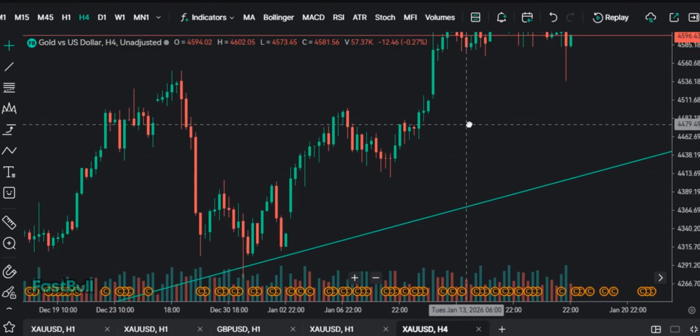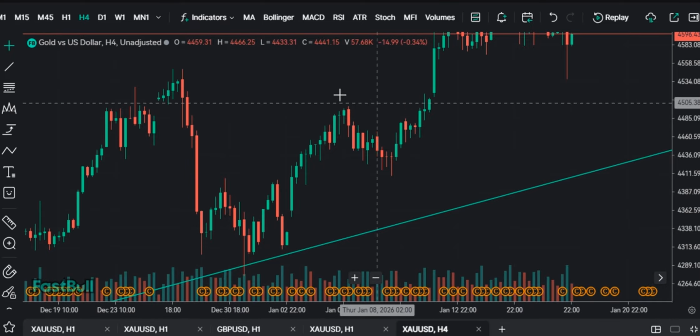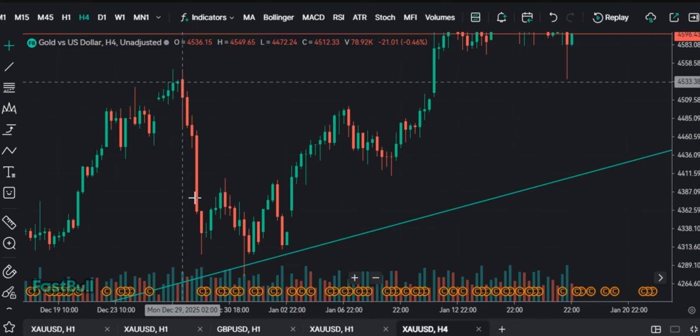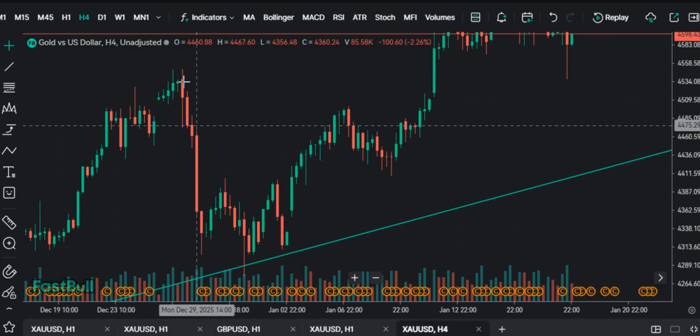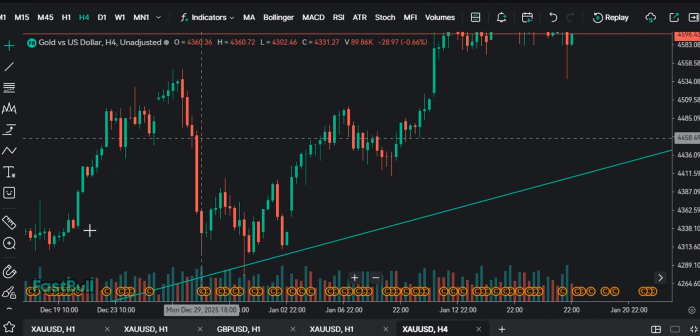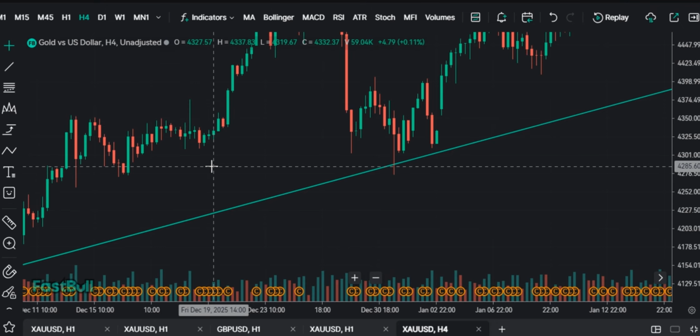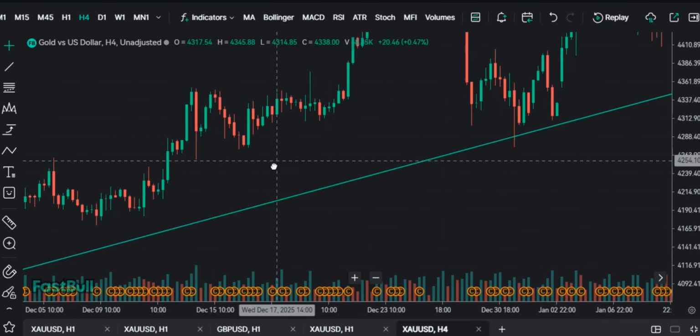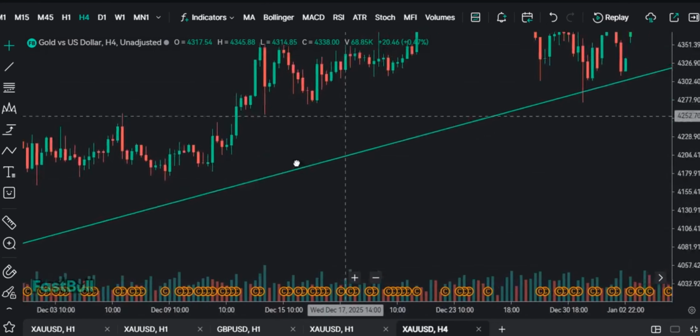So the market went upside till it reached this particular point, then it changed and created a high and low. Let me show you very clearly.